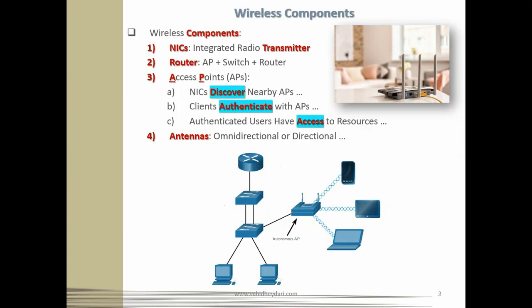On the next slide, I'm going to go through four different components of wireless communication. For wireless communication to take place, we have four components required. At the very beginning, the first thing that we need is wireless network interface cards, or NICs.